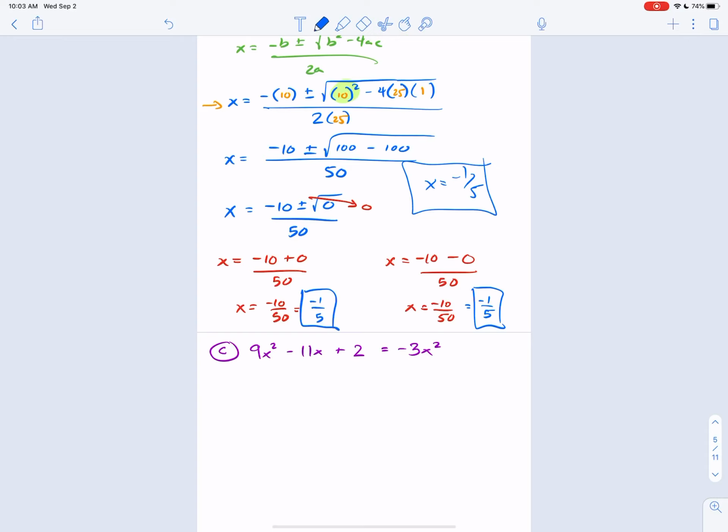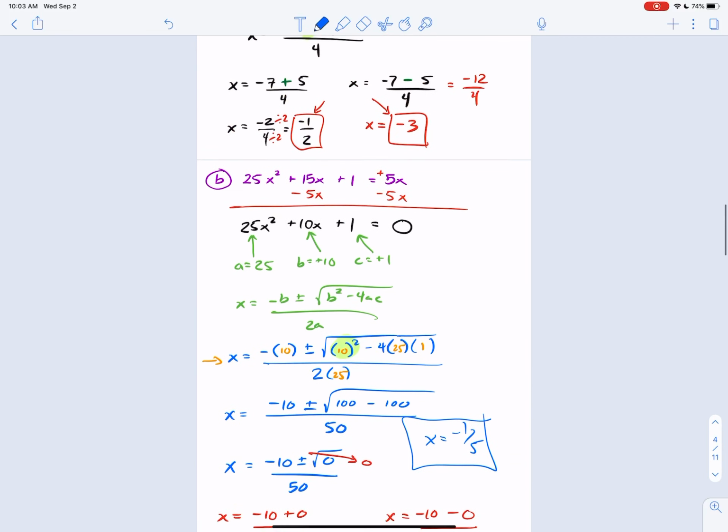No need to write it out twice, all right? And again, this one's way easier to factor. This is just 5x plus 1, 5x plus 1 equals 0. Okay, and you can confirm that if you guys like. And then once you solve for each, you should get negative 1/5 as well.